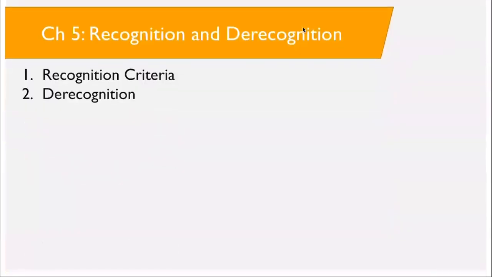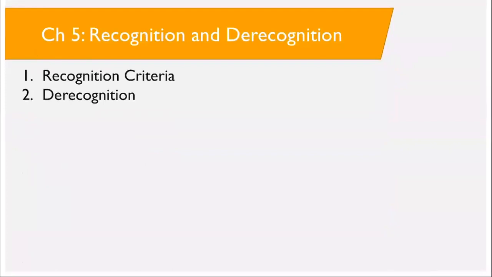Chapter 5 is your recognition and derecognition. So before in your AE 100, you already talked about what is a recognition and what is a derecognition. So let's discuss first what is a recognition. When we talk about recognition, this is the process of capturing a particular item to your financial statements.